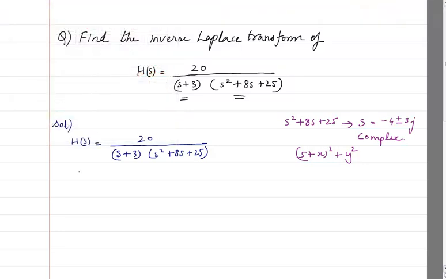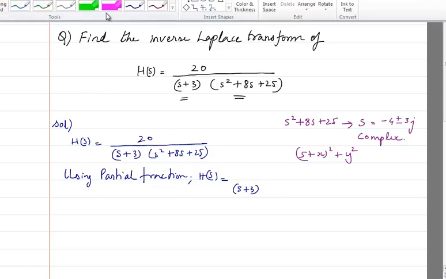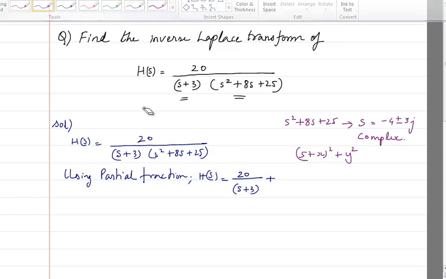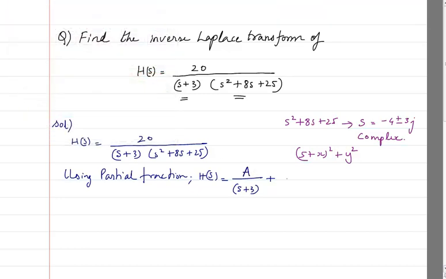So I will write using partial fraction, h of s is equal to a divided by s plus 3.